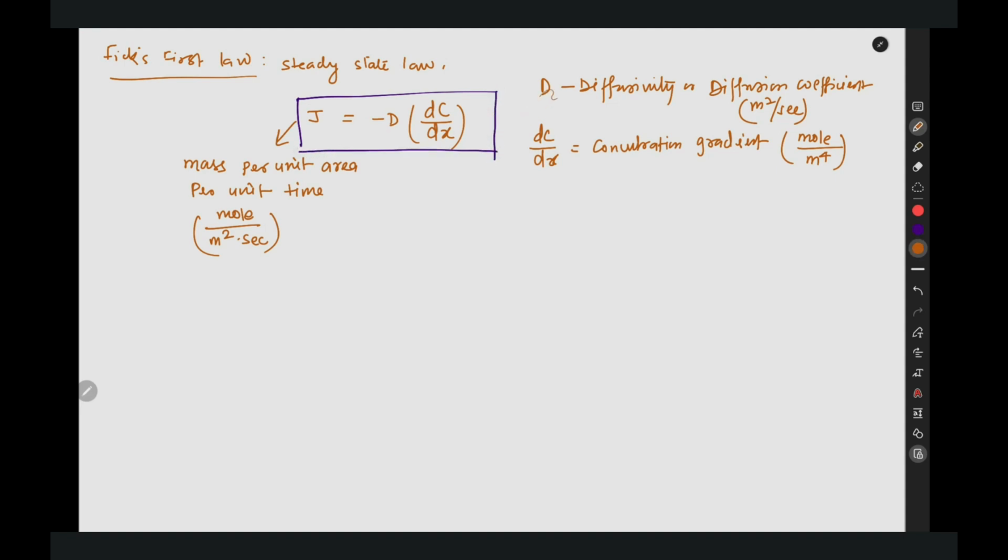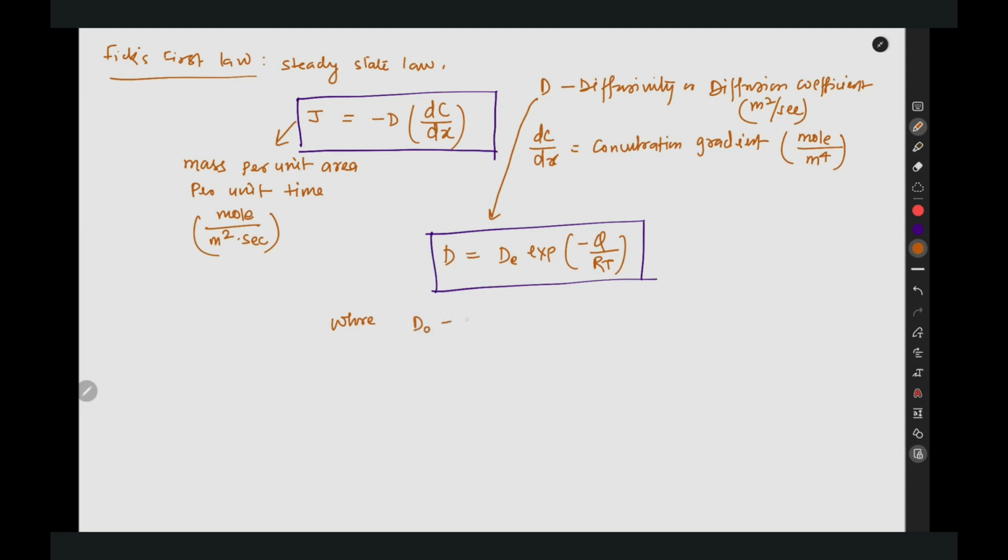Next, the diffusivity D is defined as D equals D naught exponential to the power minus Q by RT, where D naught is the diffusion constant with unit meter square per second.